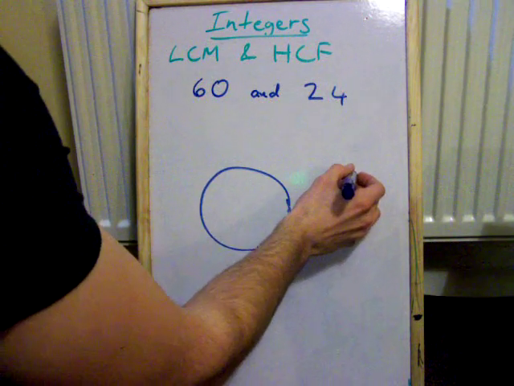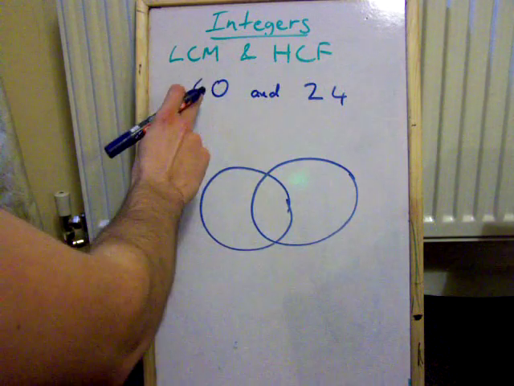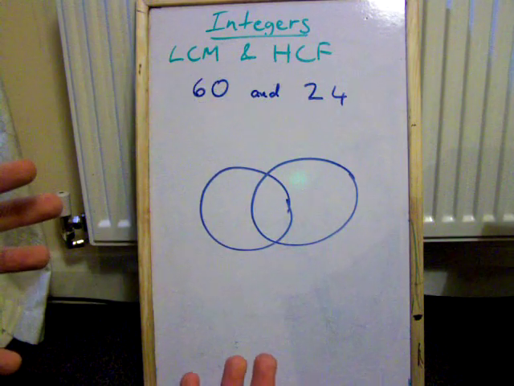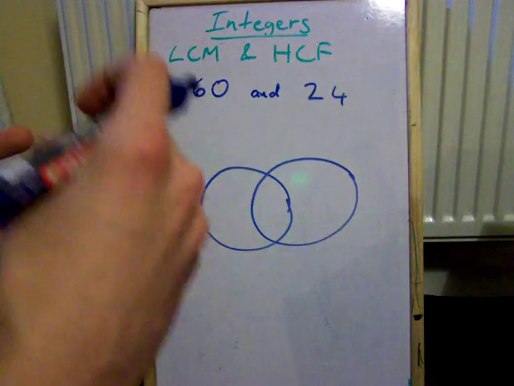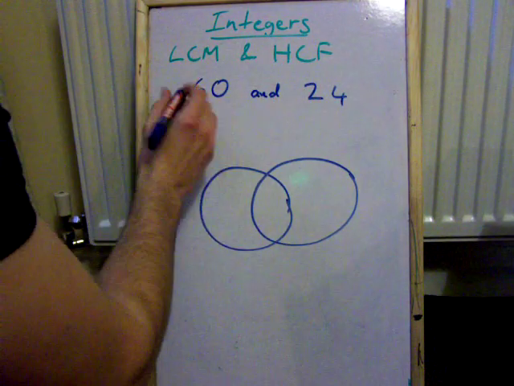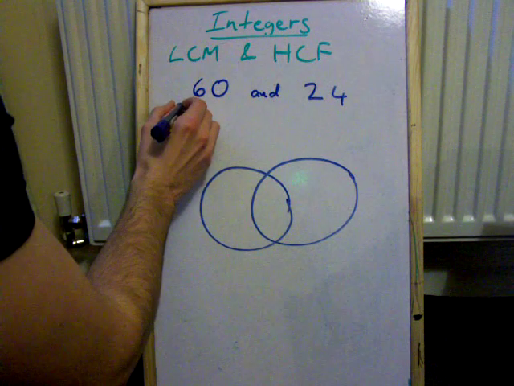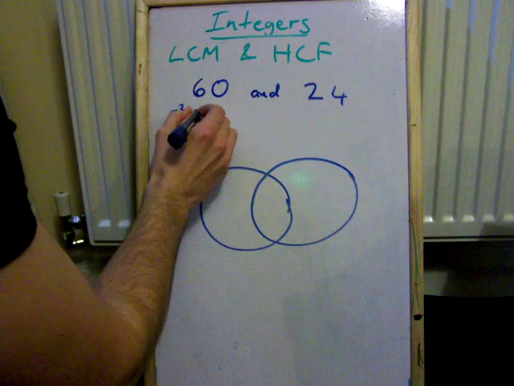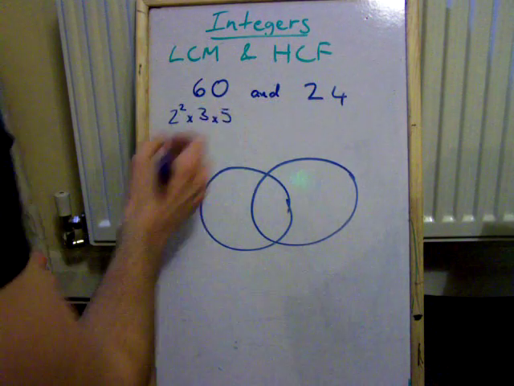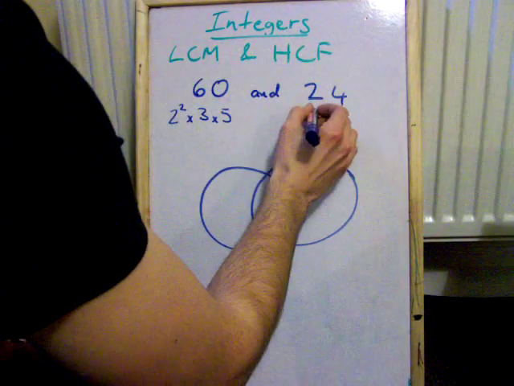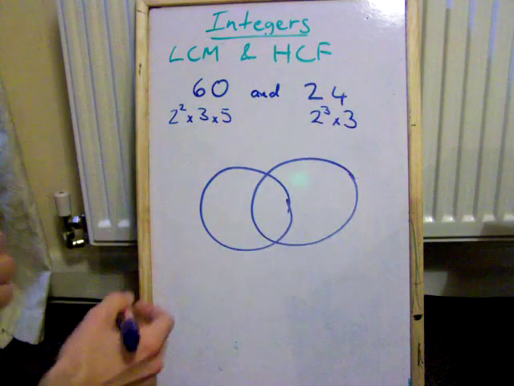Make sure your circles overlap so that you've got plenty of space in the middle. From the previous video we were looking at finding the prime factors of 60 and 24. We found that 60 was 2 squared times 3 times 5, and that 24 was 2 cubed times 3.